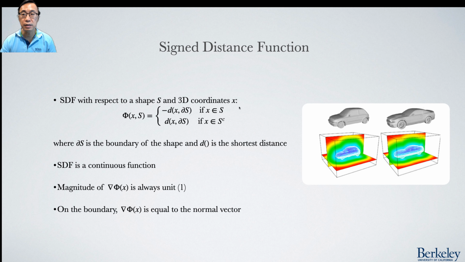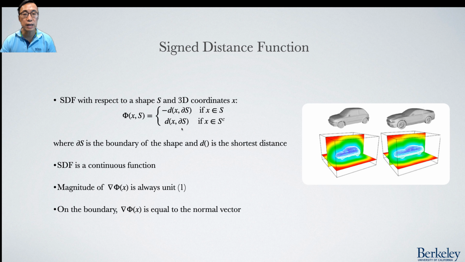It is simply defined as: if x is inside the shape S, then its signed distance function is the negative shortest distance from x to the boundary of the shape S. If x is outside the shape, then its signed distance function is the positive value of the shortest distance, d.